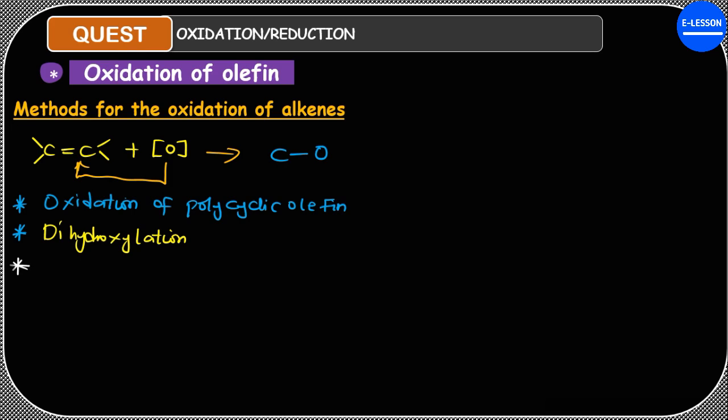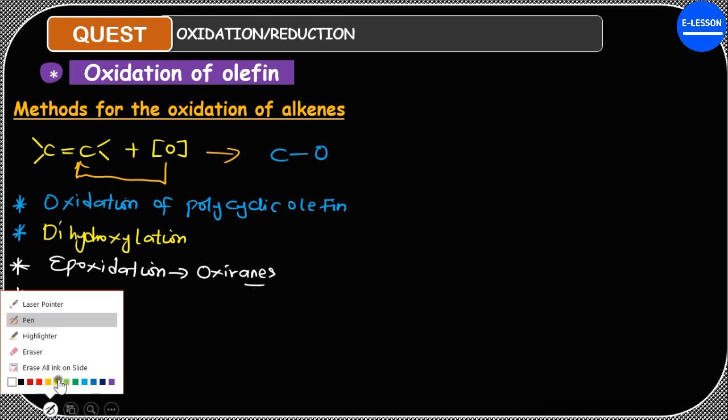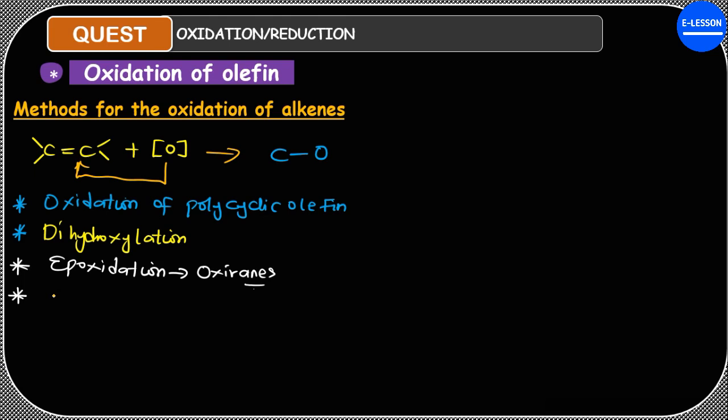The next method we are going to look at is epoxidation. That means the formation of an epoxide, which is a three-membered ring compound that has oxygen in it, also called oxiranes. We are going to look at them in the next episode. And then finally, the last method of introduction of oxygen, or of oxidation of alkene, is oxidative cleavage, also called ozonolysis.